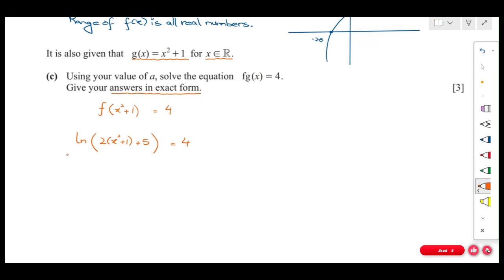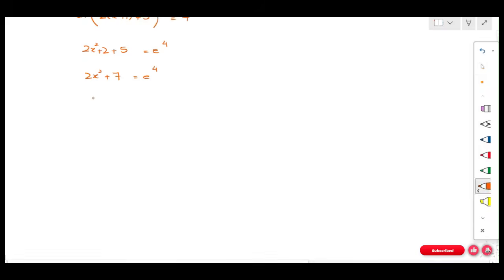If we simplify this, we can convert the logarithmic form to exponential form. So 2 times x squared plus 1, plus 5, equals e to the power 4, since natural log is basically exponential. So 2x squared plus 7 is e to the power 4. Further, 2x squared equals e to the power 4 minus 7, and x squared is e to the power 4 minus 7 divided by 2.